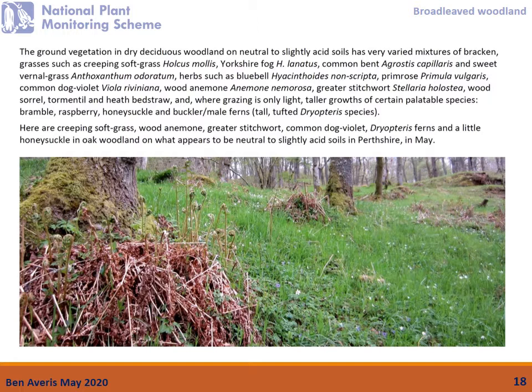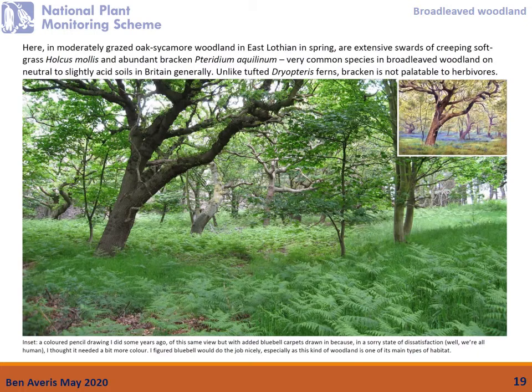And a range of tufted ferns as well as bracken, which are shared with what we saw on the acid soils as well. But the herb component is a little bit better developed here. Here is a rather well grazed example of this category of woodland.